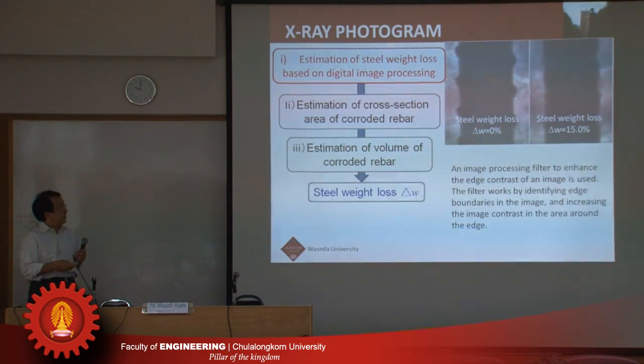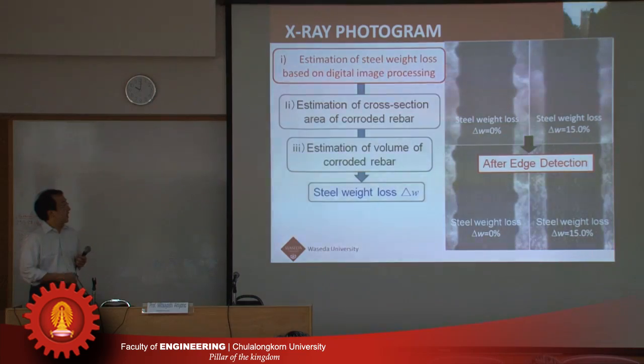So an image processing filter to enhance the edge contrast of an image is used. The filter works by identifying edge boundaries in the image and increasing the image contrast in the area around the edge. These pictures are examples of X-ray photogram before and after applying edge detection.